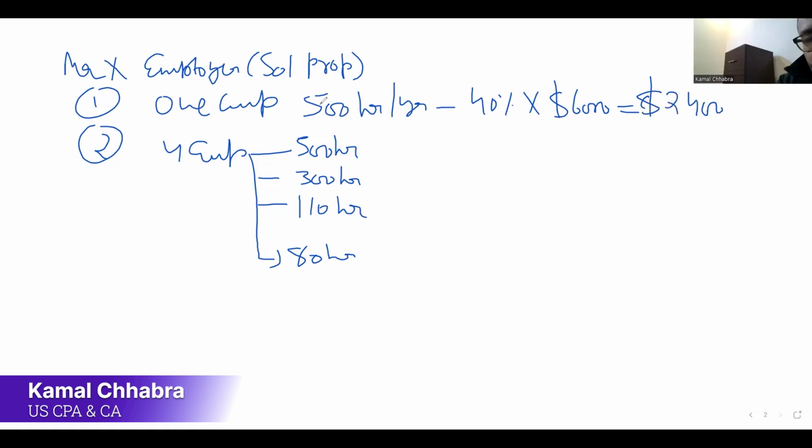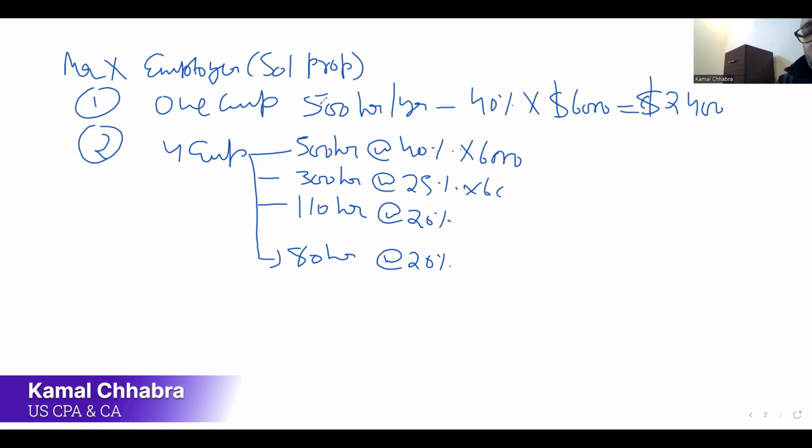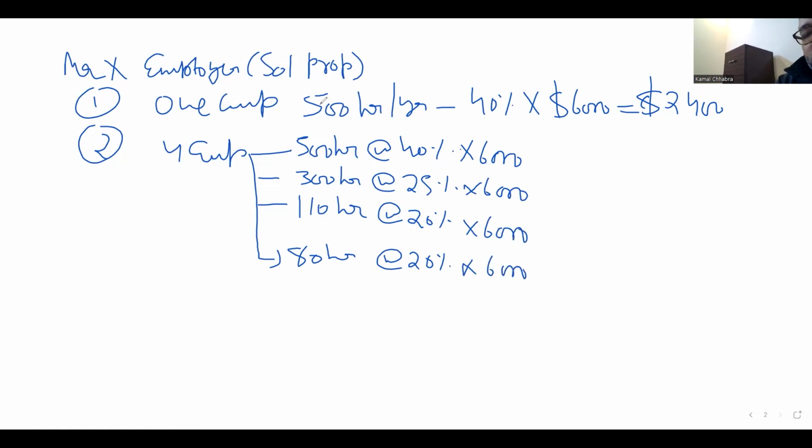So in this scenario, at the rate of 40%, in this scenario 25%, in this scenario 20%, in this scenario 20%, multiplied by 6,000. How much is it? 2,400. What is 25%? 1,500. What is 20%? 1,200. What is 20%? 1,200. Right? So total is how much?